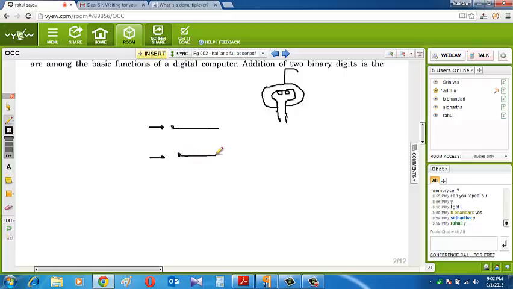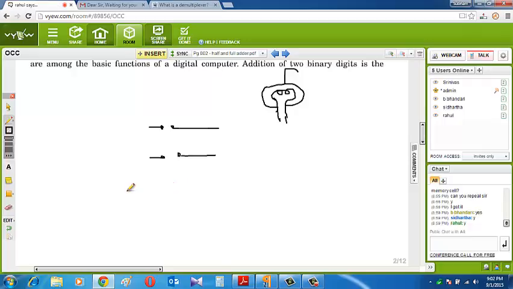Now we need a relation such that if either one switch is on and the other is off, our light should glow. If both switches are on, then our light is off, and if both switches are off, then also our light is off. It is our condition.